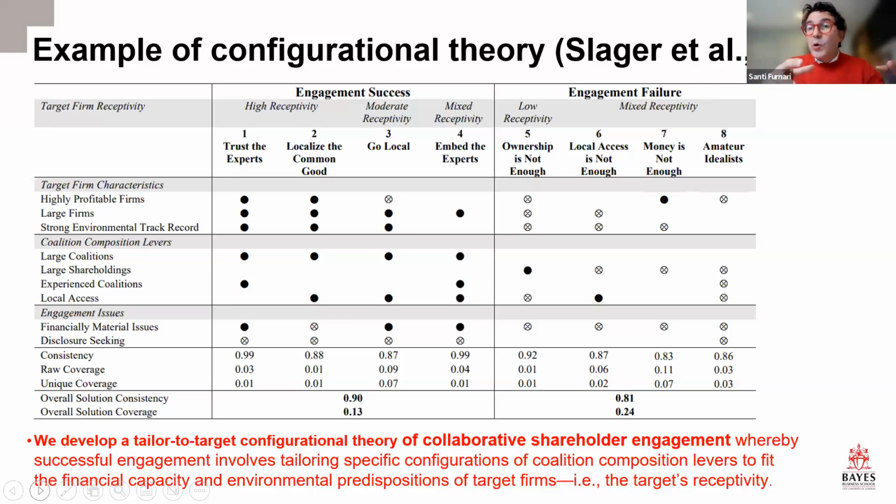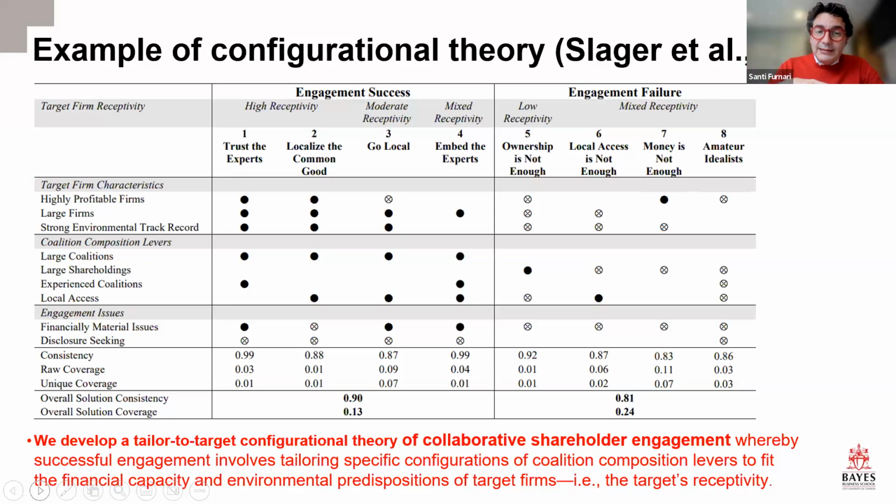What we didn't know is what kind of levers or tactics these shareholders can use to succeed in their engagement with their corporate targets. And so engagement success here means that the coalitions of investors have actually succeeded in changing the corporate behavior, in having these companies reducing CO2 emissions and adopting practices.